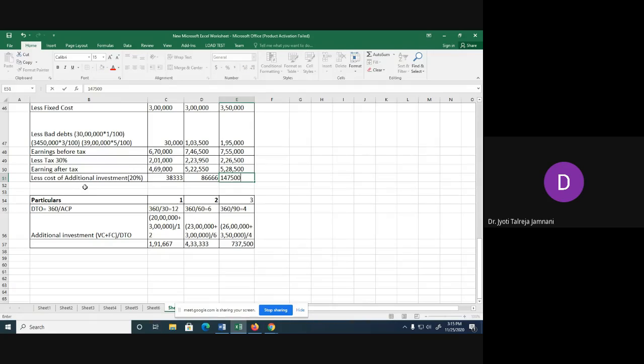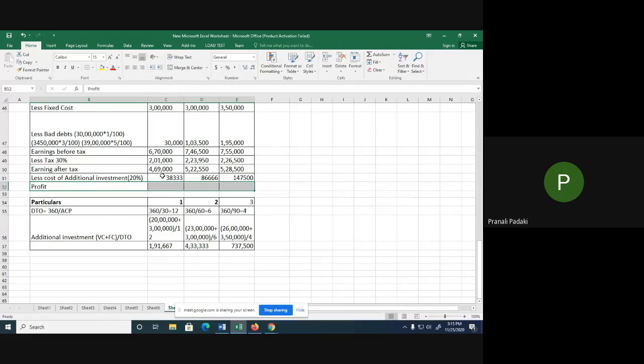So we'll minus and we'll get the profit here. So 4,69,000 minus 38,333 is 4,30,667.